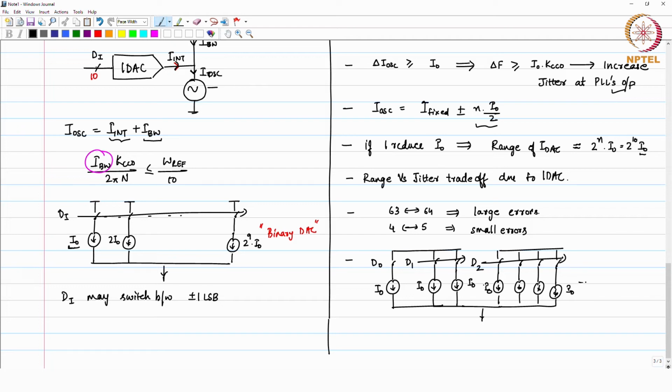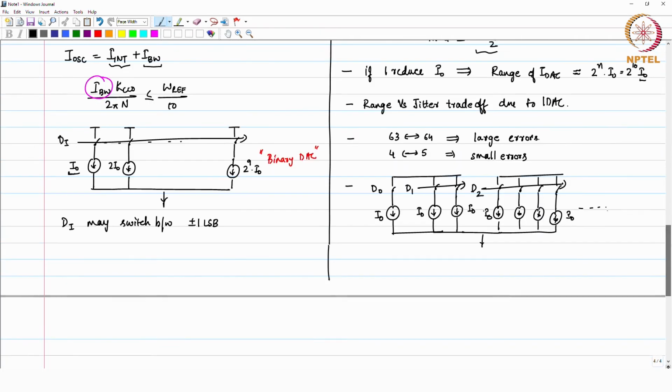But as you go ahead and do this, the number of unit elements which you need will just increase in the order of 2 power n. So, for 10 bits I need to have 1024 elements, which is a problem.